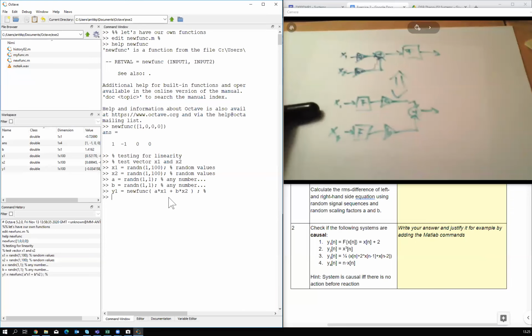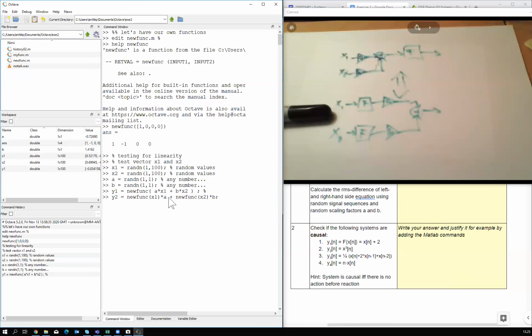Then the second one. y2 equals: we actually first take the system, multiplied with a, well, either this way or the other one, then the function of x2 times b.